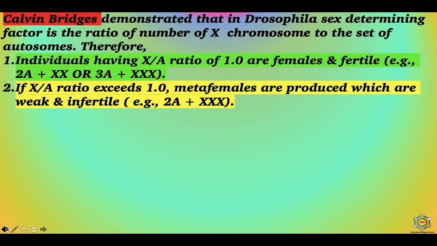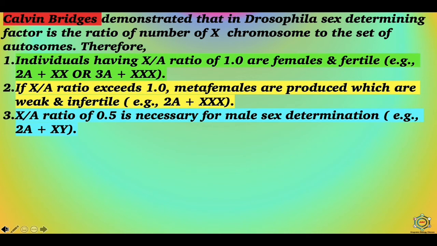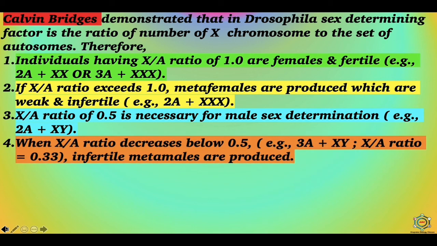If the X by A ratio exceeds 1.0, metafemales are produced which are weak and infertile. An X by A ratio of 0.5 is necessary for male sex determination. And when the X by A ratio decreases below 0.5, infertile metamales are produced.